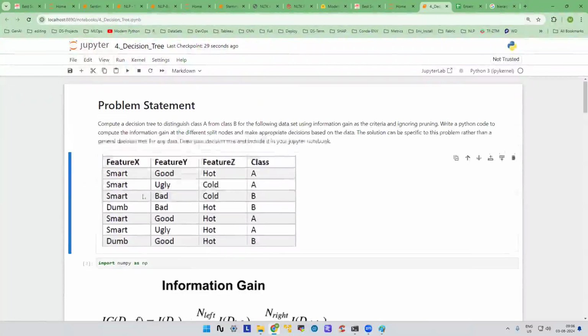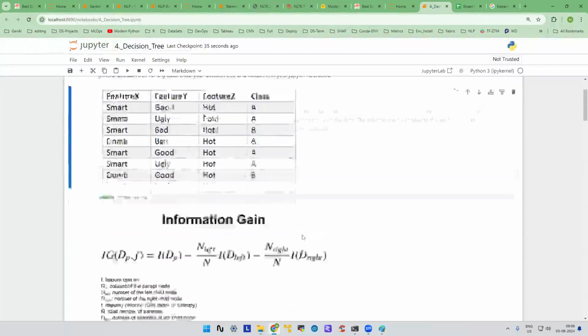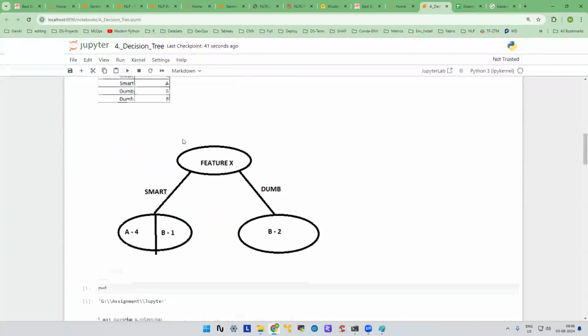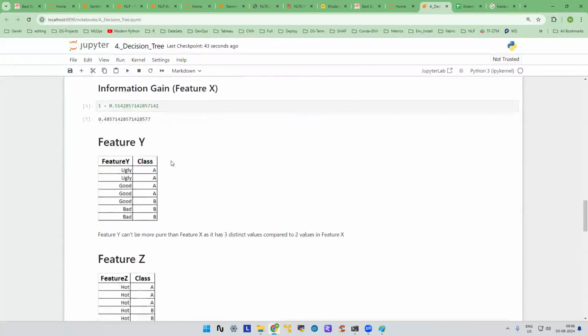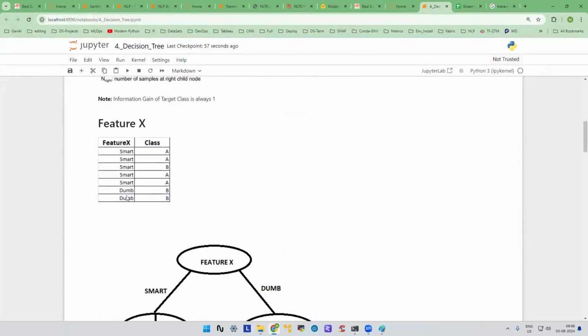We need to judge which one is best, right? So we're going to go column by column. I have given the complete explanation for feature X, but for feature Y I have not given any explanation. The reason is that feature Y has three unique values: ugly, good, and bad, whereas feature X has only smart and dumb.